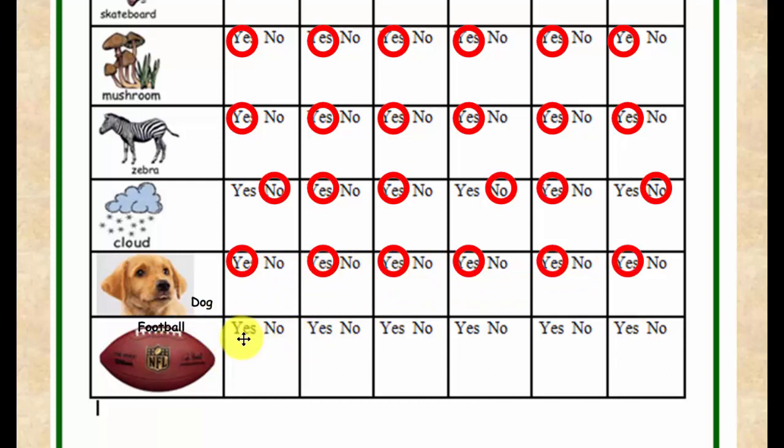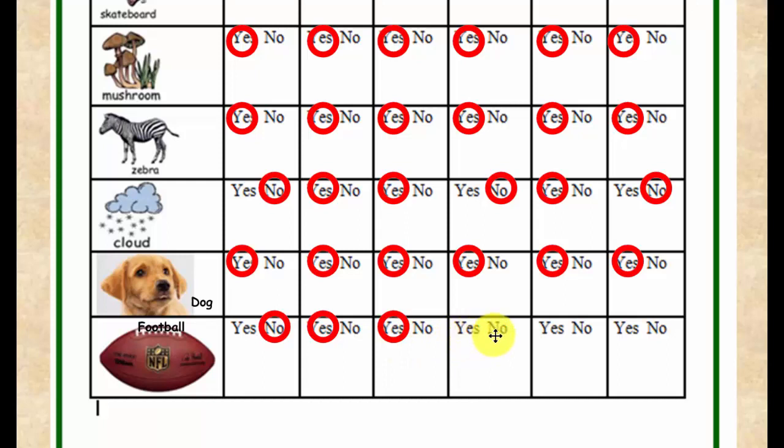Let's look at the football. Do I need food or water? Definitely not. Does it need air? Well, what's inside that football? Air. Yes, it does. Does it grow? Well, it does grow. When you pump air into it, it does get larger, right?